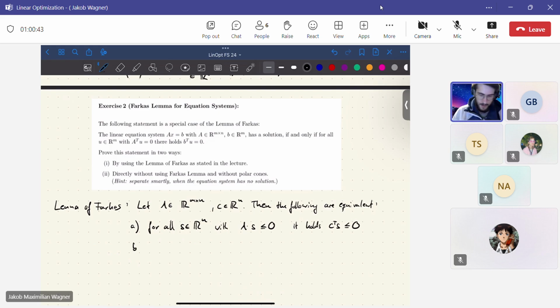And the statement that's equivalent to this is that there exists some lambda in R^m, which is greater or equal than 0, with C equal to A transpose lambda.